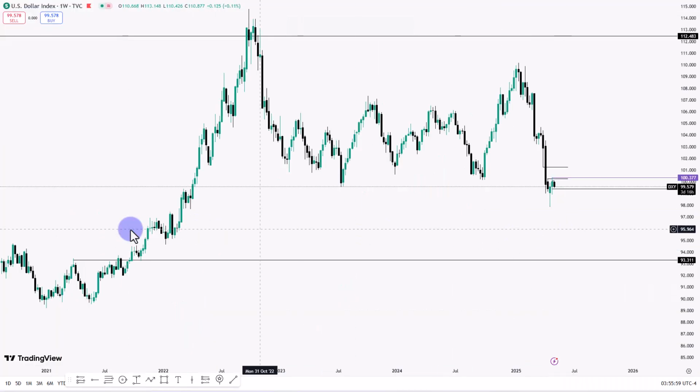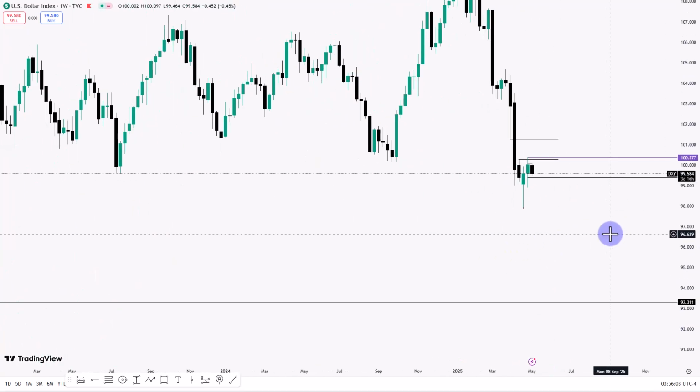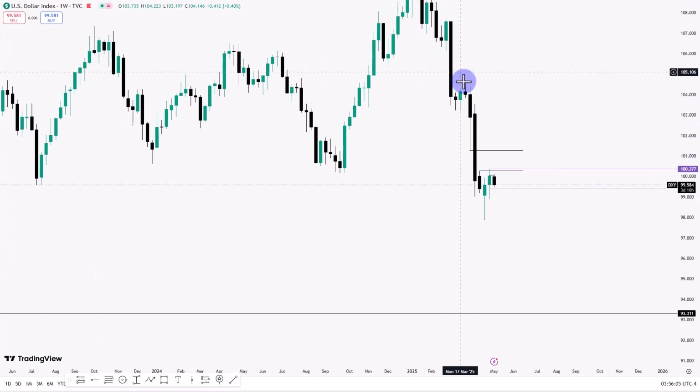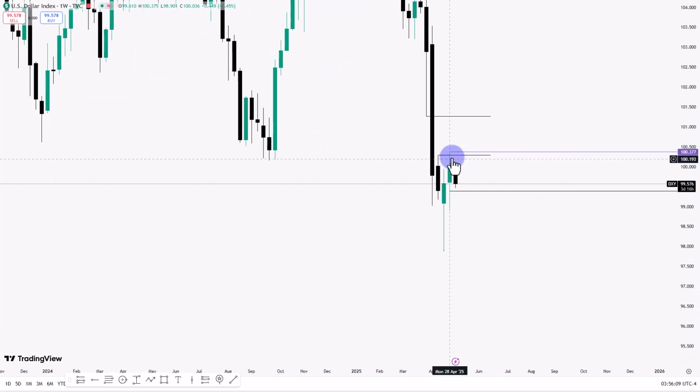Clearly what we're seeing right now is the dollar created that bearish expansion, and I'm looking at this as a possible valid retracement into that sell side imbalance, buy side inefficiency, that fair value gap, especially because it has some old wicks in between.